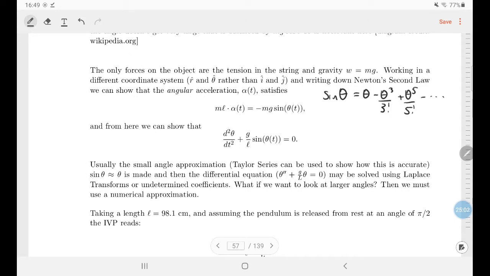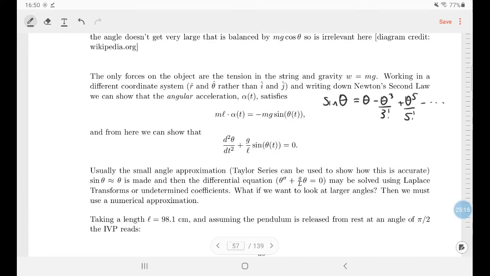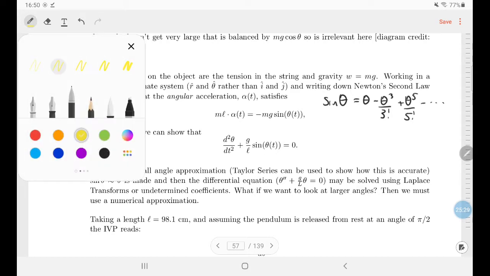The angle maximum is going to be pi over 2 or whatever, or even pi. Yes, it could go up to 180 degrees. So the maximum of theta is pi, so about 3, but the numbers below, 5 factorial, 7 factorial, are really, really big. So these terms are quite small.